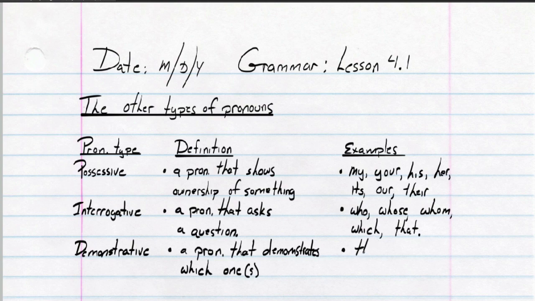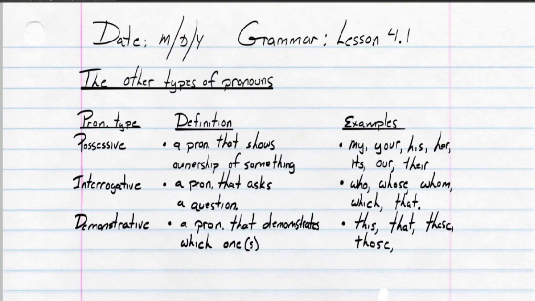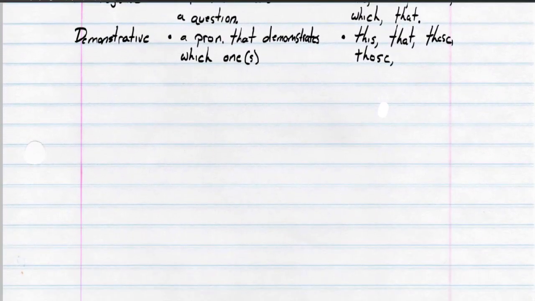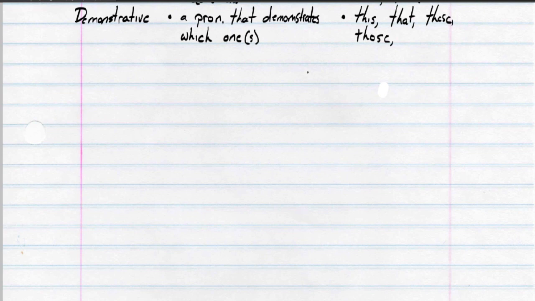Words like this, that, these, those. Okay, there are more of those as well, but that's what we'll work with for right now. I'm going to move my paper so that my last note is at the top of the screen. And we'll continue on with the next one.